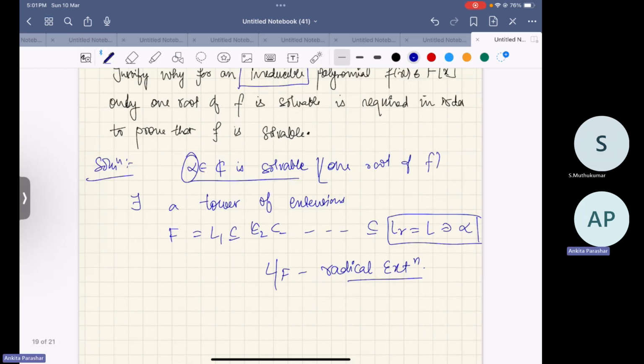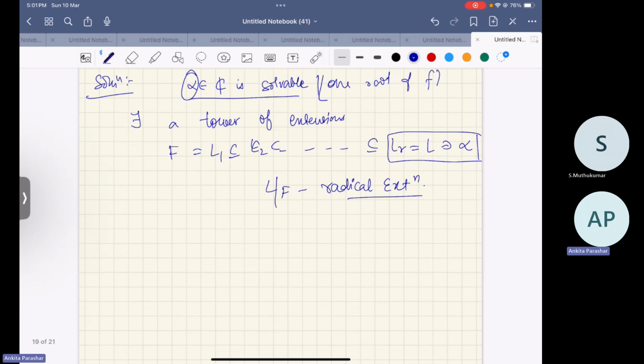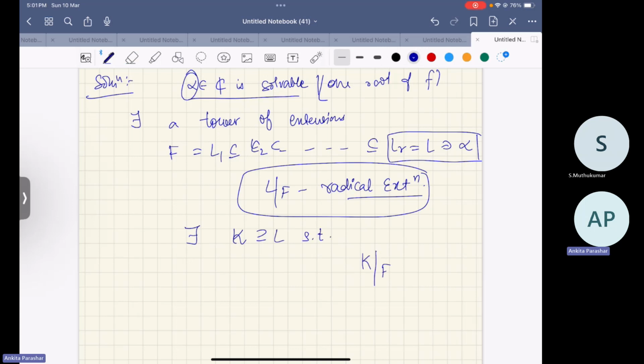Now we are trying to say that this is enough. Why? Because if you remember one result, given a radical extension, you can always get a bigger extension, let's say K, containing your L, such that K over F is not just radical, but it is a Galois extension. Do you agree?